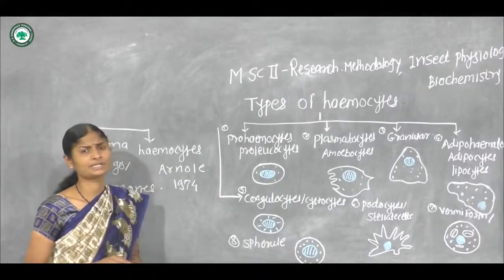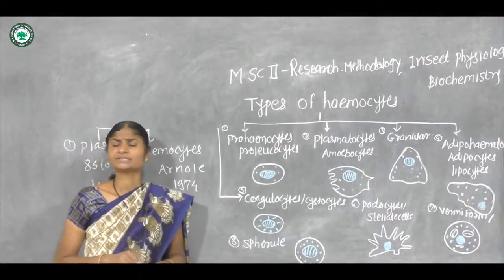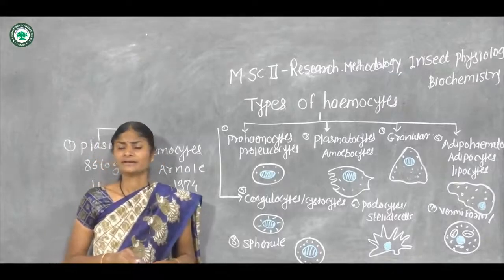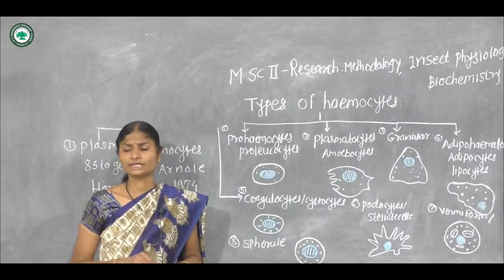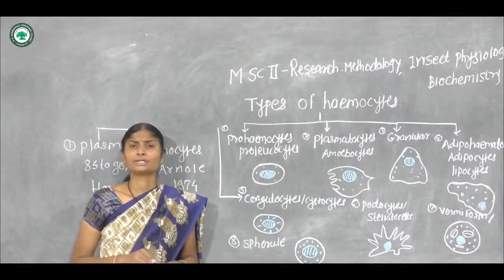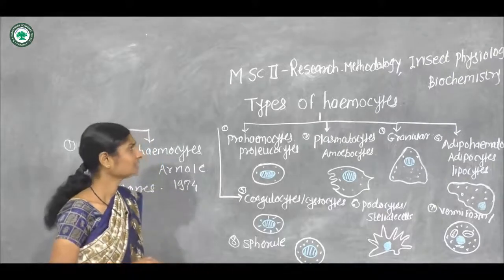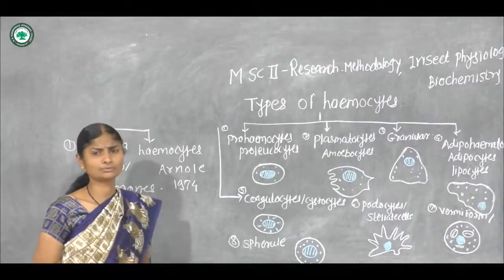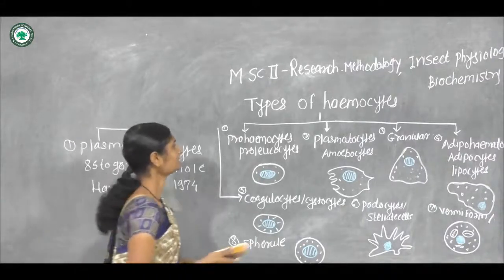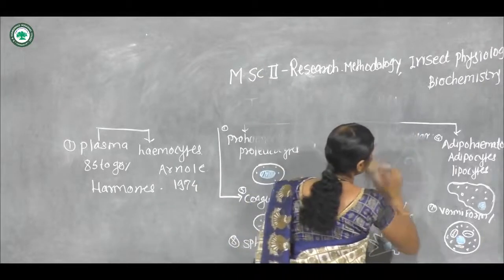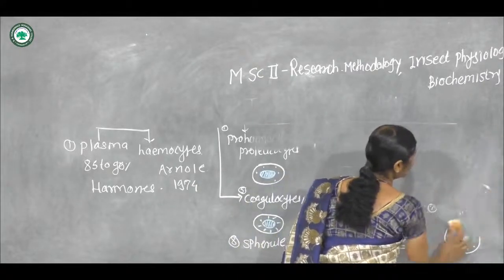Next is spherule cells, also called spherulocytes. These are not very common but are involved in secondary functions. These are the different types of hemocytes, and these hemocytes are involved in different functions.